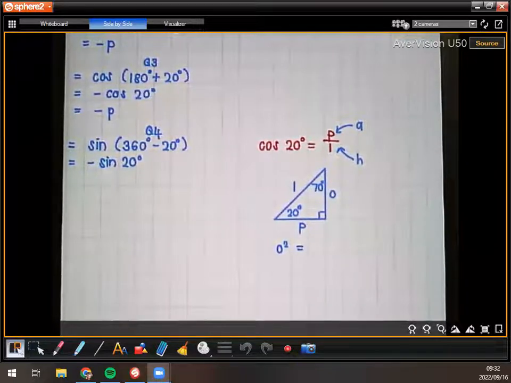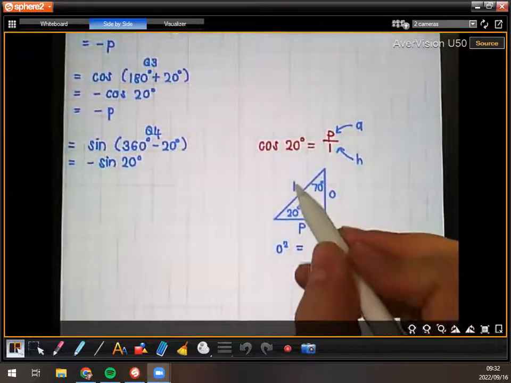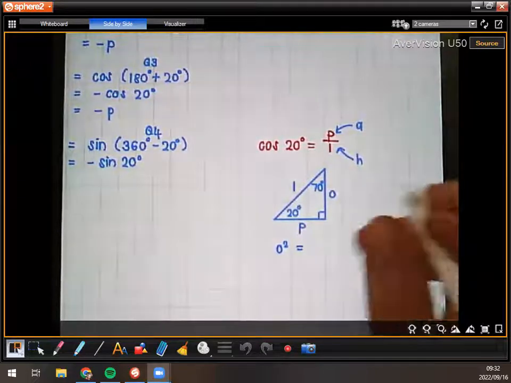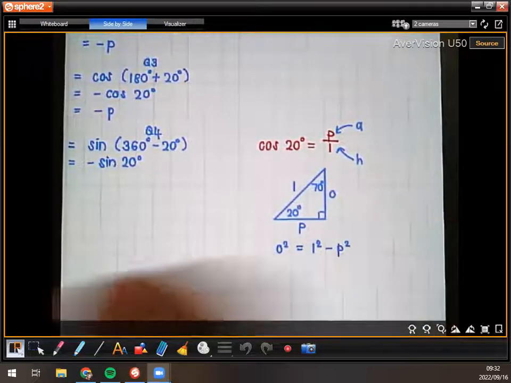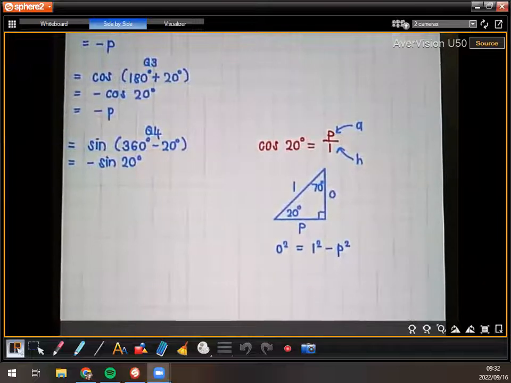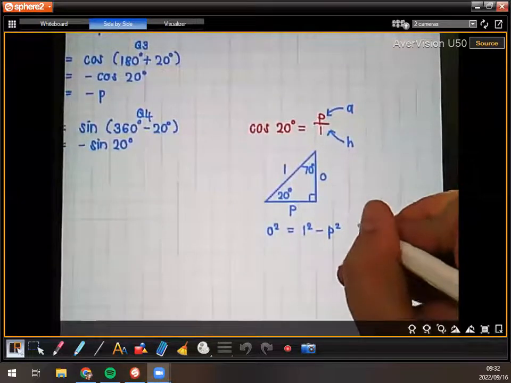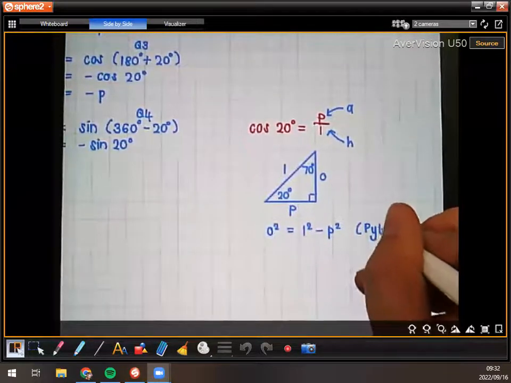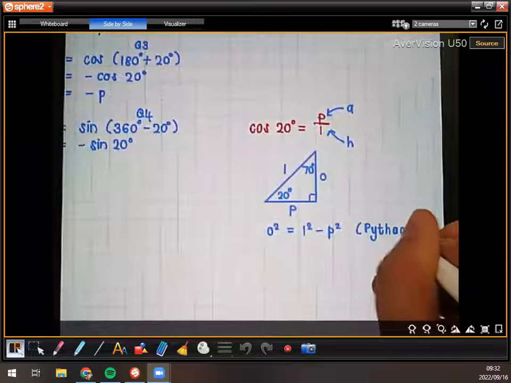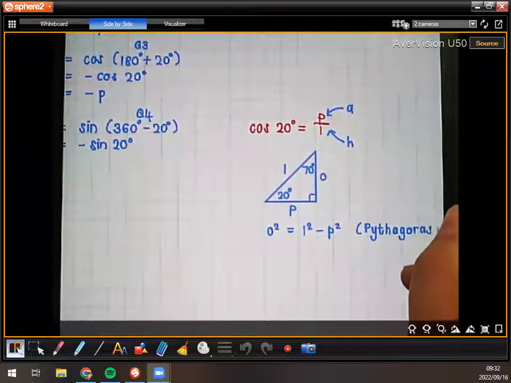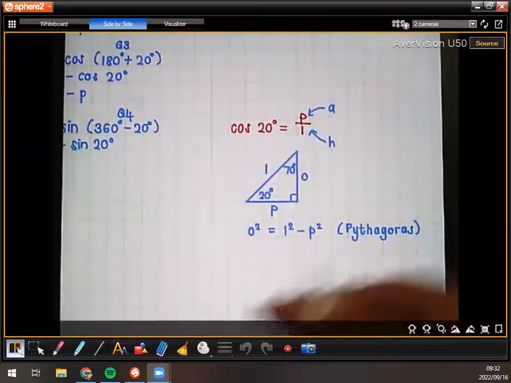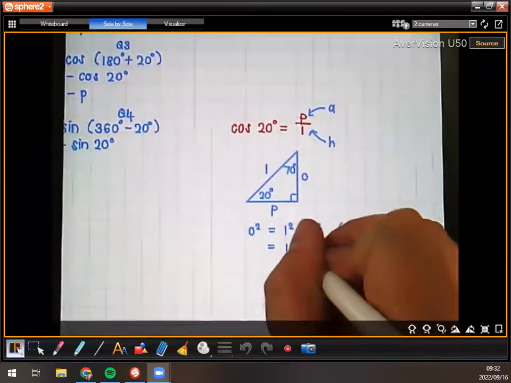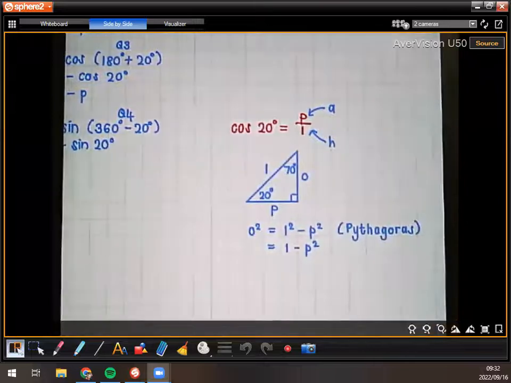No. So to calculate that side using Pythagoras, we have to take the hypotenuse squared, so 1 squared, minus the other side squared. What is 1 squared? Just 1, right? So you can rewrite that as 1 minus p squared.